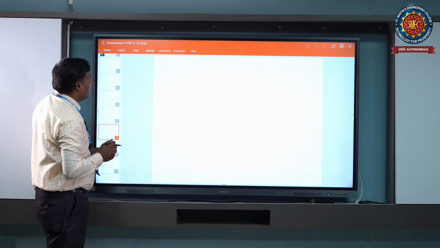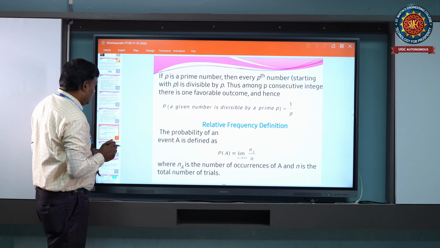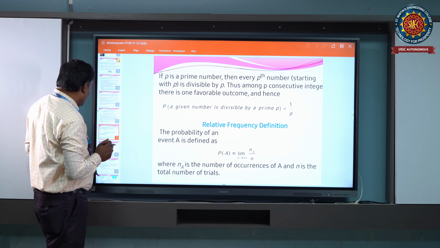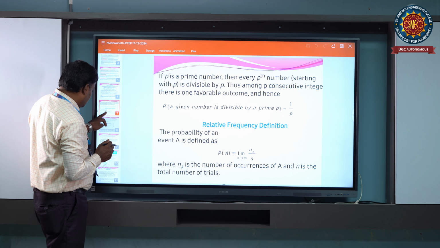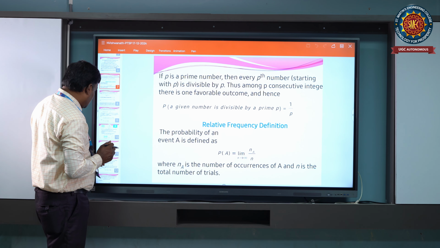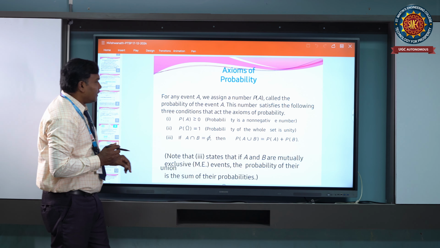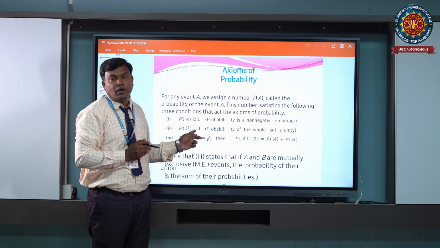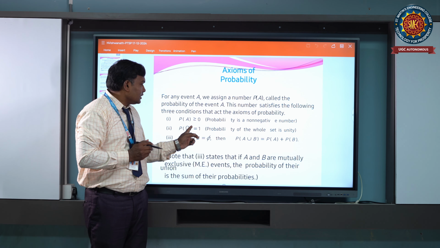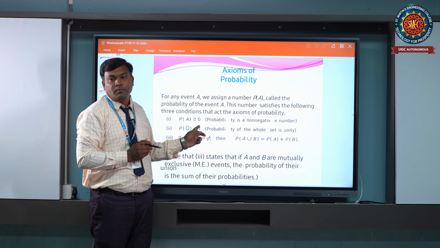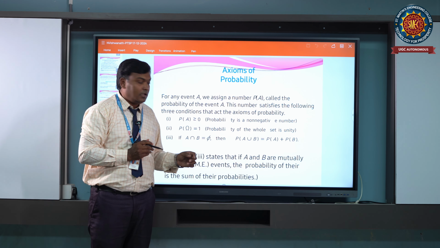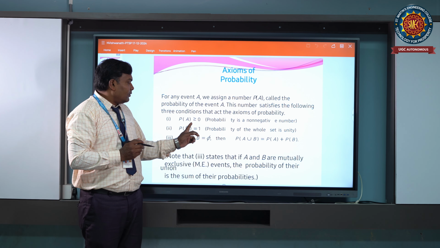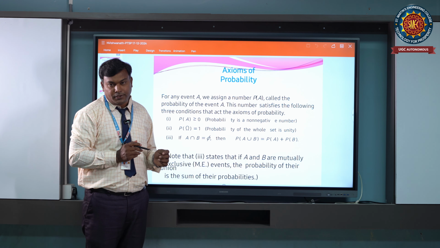Now the axioms of probability, I will explain. These axioms are very important for understanding probability. The probability of event A is always greater than or equal to 0; the probability value is non-negative.